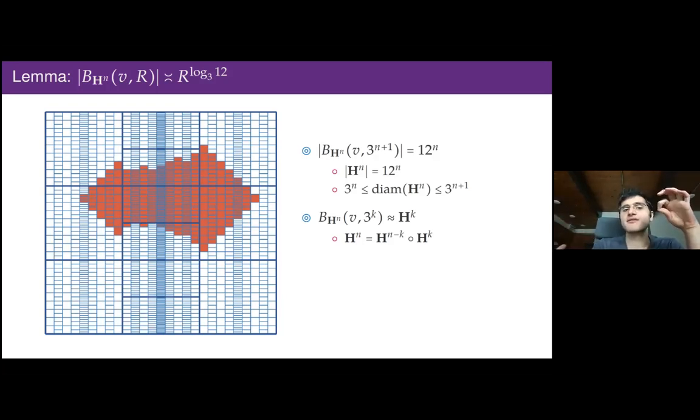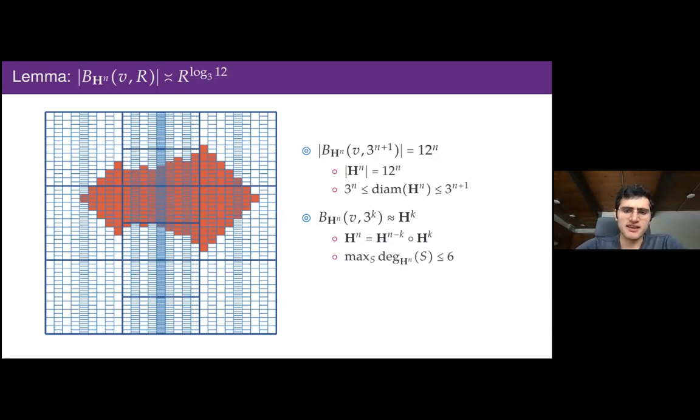So if you can bound the degrees in H to the n minus k, then you are done, because you only see that many other copies of H to the k. Bounding the degrees in H to the n minus k is equivalent to bounding the degrees in H to the n in general.